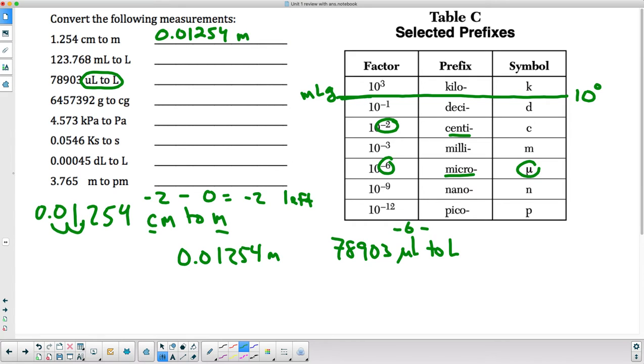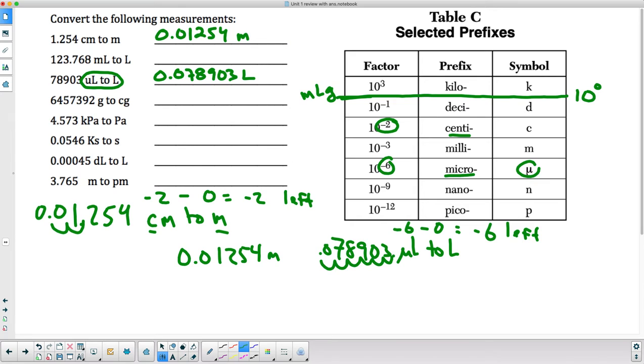Liters is right here at times 10 to the 0. So again, we're going to move the decimal place 6 places to the left. My decimal point starts off here behind a 3. I jump 1, 2, 3, 4, 5, 6, put the decimal point and fill in with a 0. So that means I got 0.078903 liters, just like that. That's how we do all of them.